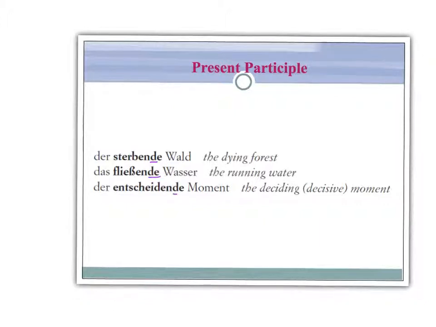All German infinitives can be turned into a present participle, creating many forms that later on you'll see in dependent clauses in English. Not the German, but the English can be a dependent clause, such as this last one would become the moment that was decisive for such and such. Now, that was decisive is a dependent clause.